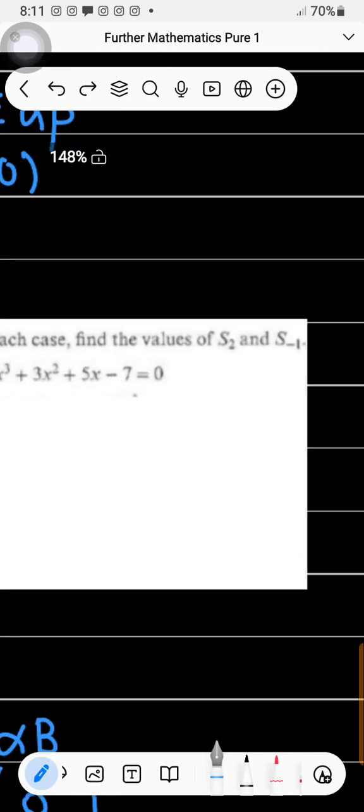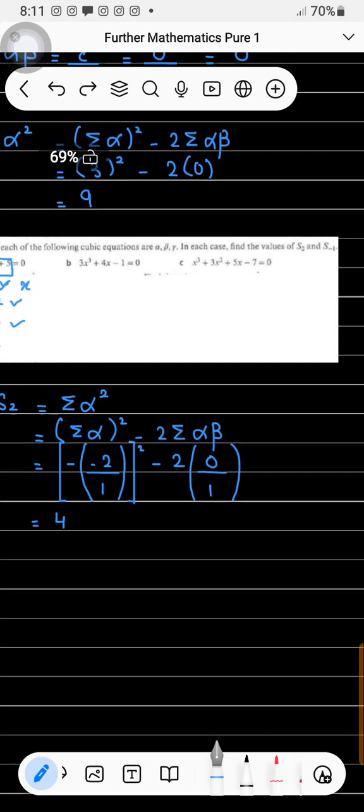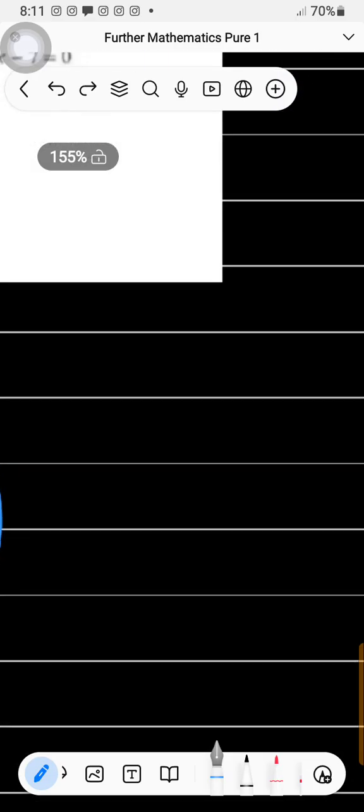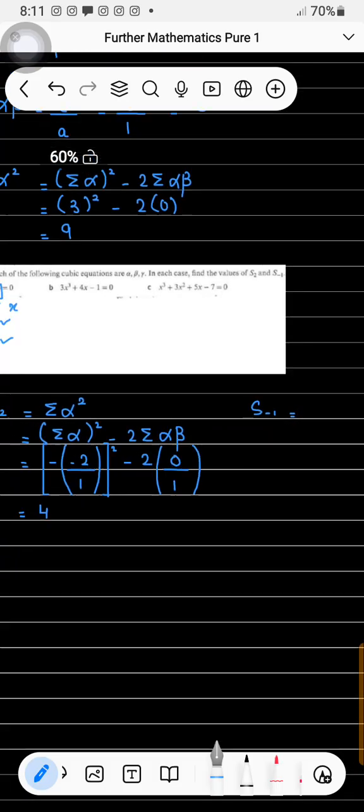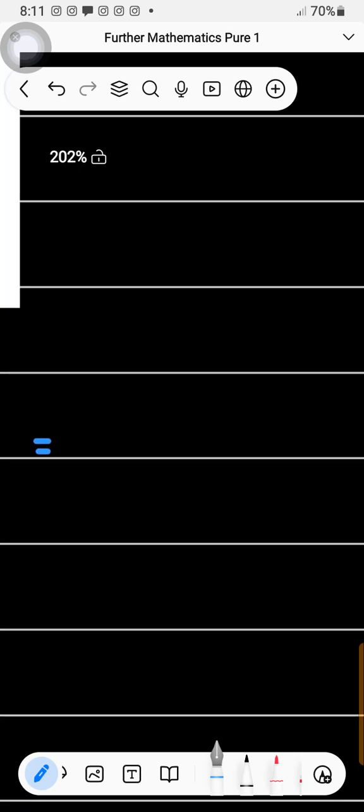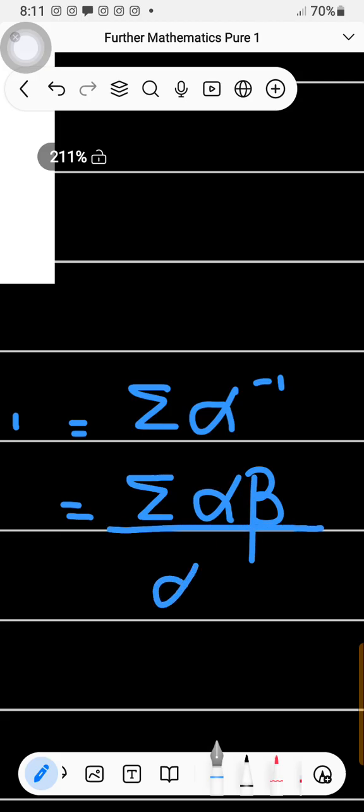It is also asking for S minus 1. We will also solve for S minus 1 here. S minus 1 is sum of alpha power minus 1. And its formula we had decided as sum of alpha beta upon alpha beta gamma.